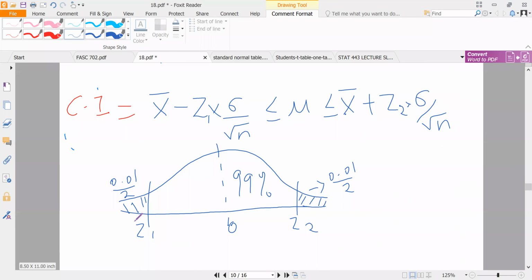Remember, like I've told you, the area under the curve represents probabilities for our possible values of the population quantity. So as we proceed to the right, the probabilities keep on accumulating.